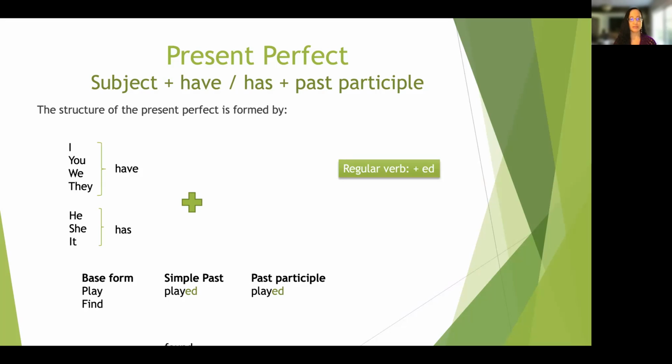Find, found, found. Now, is this a regular verb or is this an irregular verb? Remember the rule, what ends in ed, and if it doesn't end in ed, what would it be? Just getting you to think. Choose, chose, chosen.